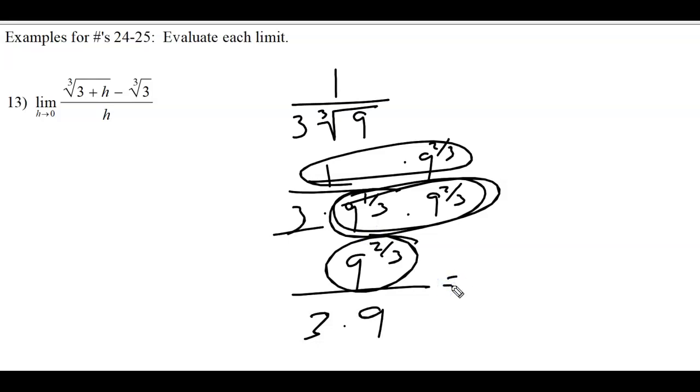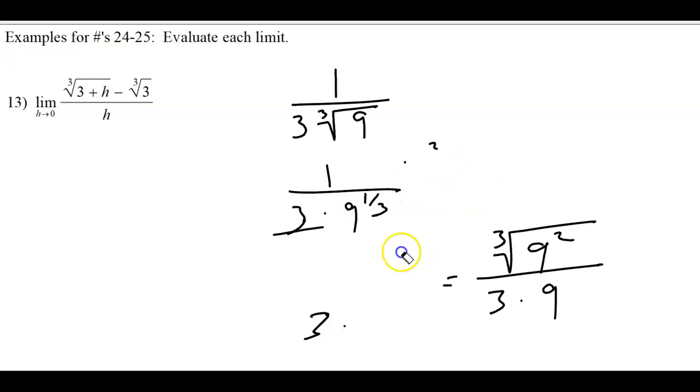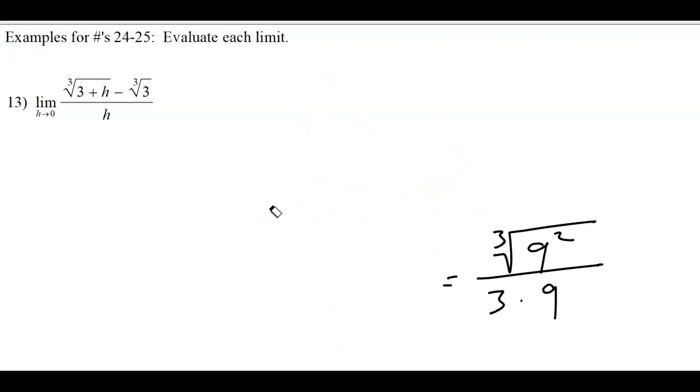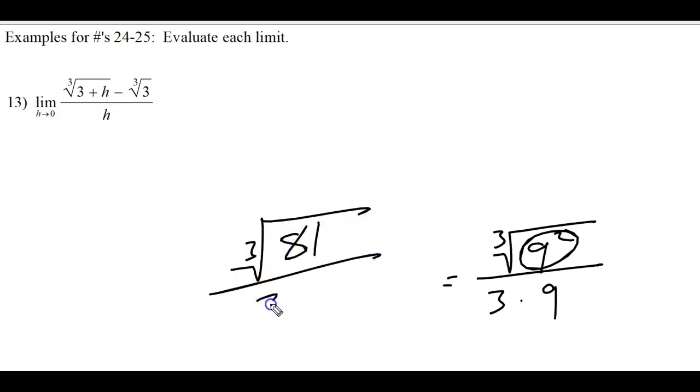First of all, I'm going to write it like this. And then I'm going to square that 9 there, and I'm going to get 81.